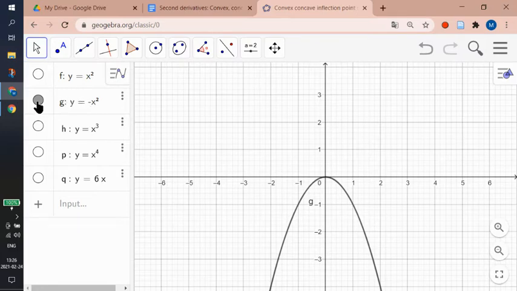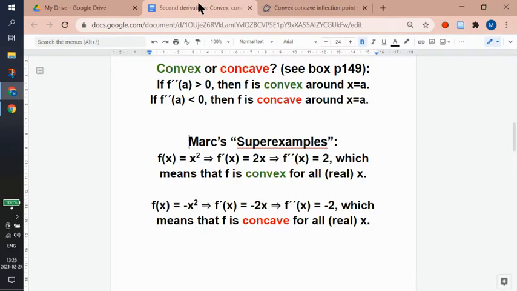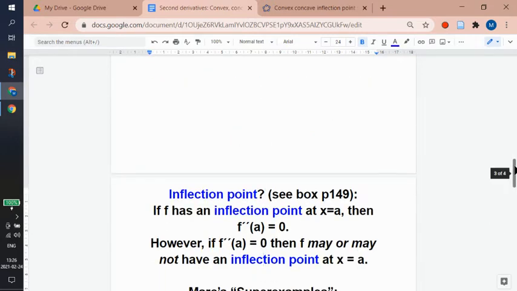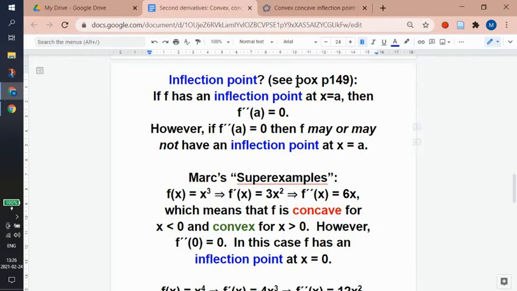The next thing we're going to look at is inflection points. From our box on page 149, we have the information that if f has an inflection point at x equals a, then f double prime of a equals 0. So the value of the second derivative at x equals a is 0.